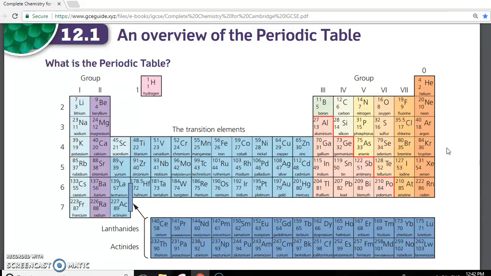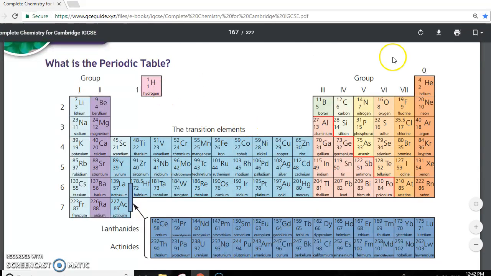You might also notice that the periodic table shows the elements in order of increasing proton number. So we start with hydrogen, then helium, and then it bumps over here, 3, 4, 5, 6, 7, 8. As we go across the periodic table, the number of protons increases by 1.